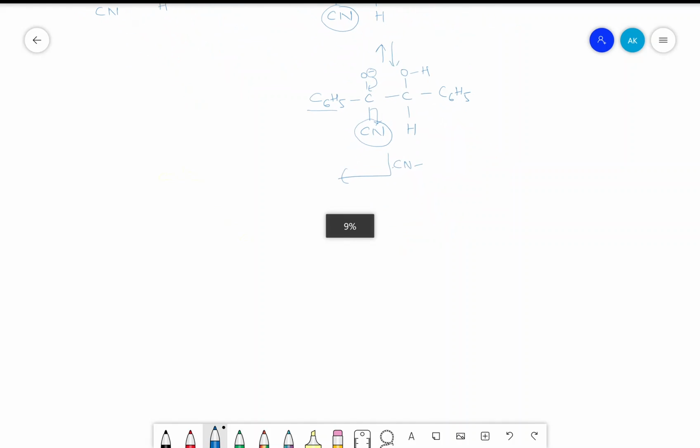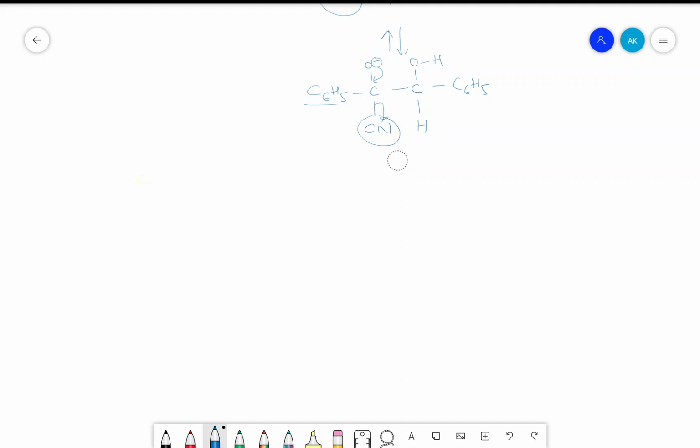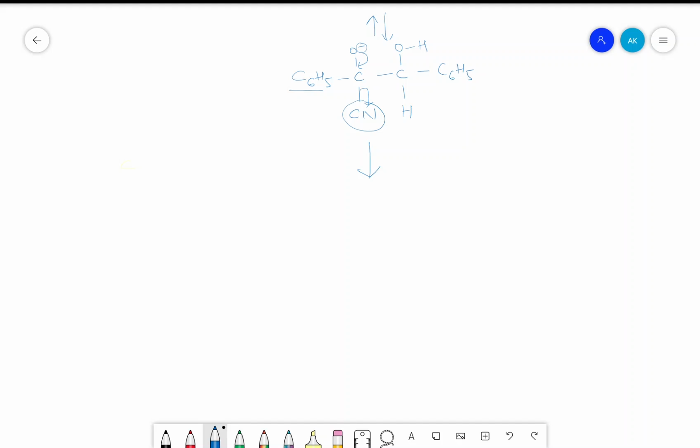You can do one thing here: instead of writing it this way, write downwards, so CN minus will be removed due to this bond being carried away by it. So C6H5, now CO minus will change to C double bond O, COH, H, C6H5.